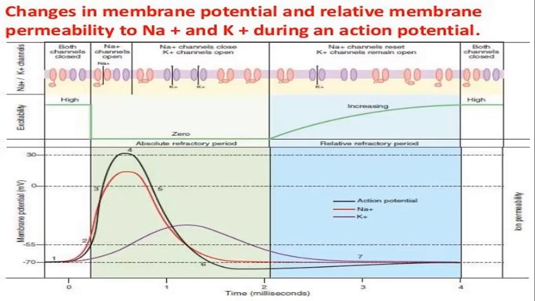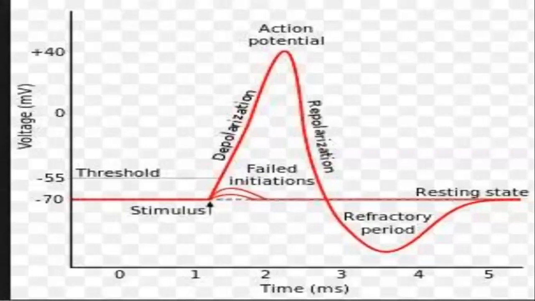An increase in extracellular calcium concentration can stabilize the membrane by decreasing the excitability. So, a decrease in extracellular calcium concentration increases the excitability of the membrane, while an increase in extracellular calcium concentration can stabilize the membrane by decreasing the excitability of the membrane.